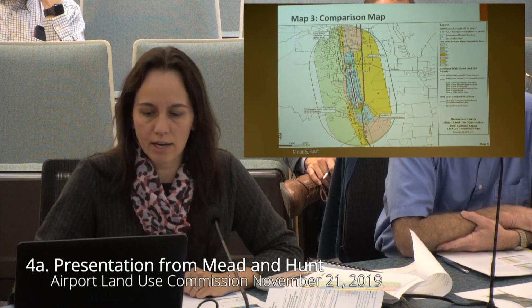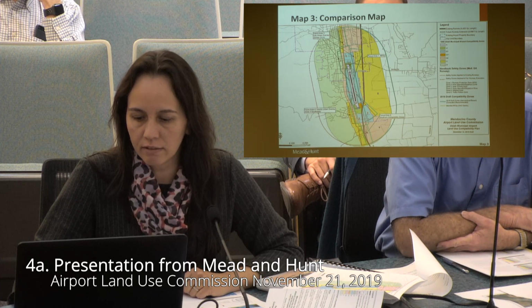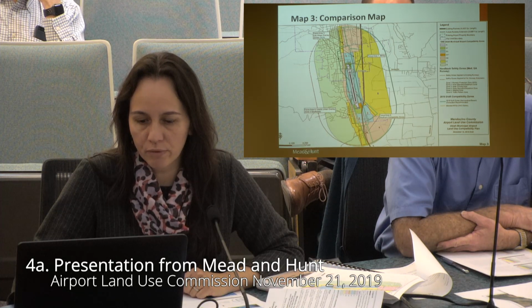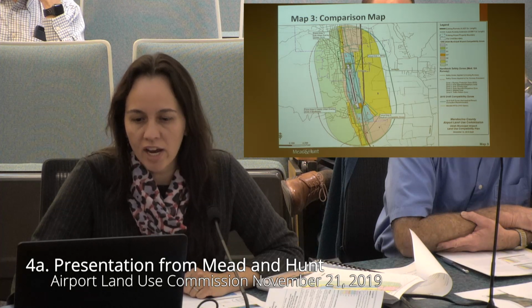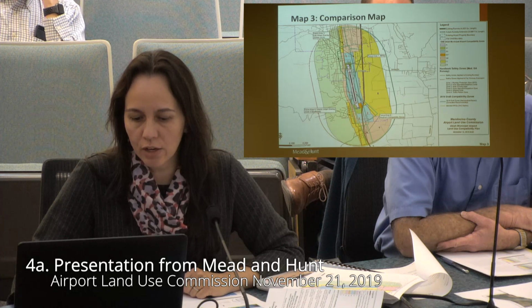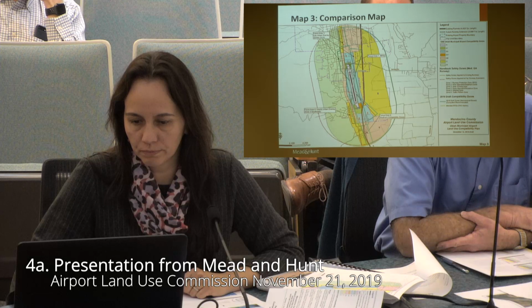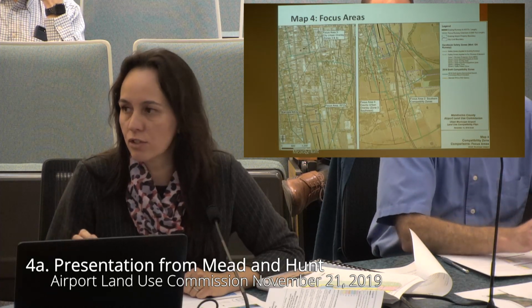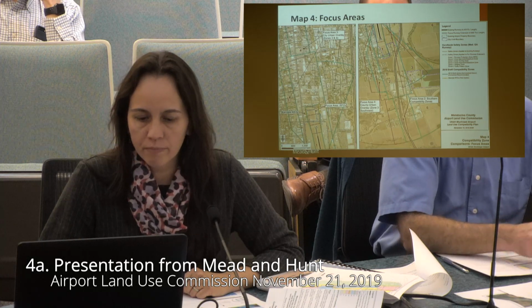That's at the runway 15 end. Focus area 2 is the southern compatibility zones, south of runway 33. We have the urban overlay zone for the city, as well as focus area 4, which is the county's urban overlay zone. So here's map 4, which zooms into these areas of interest.